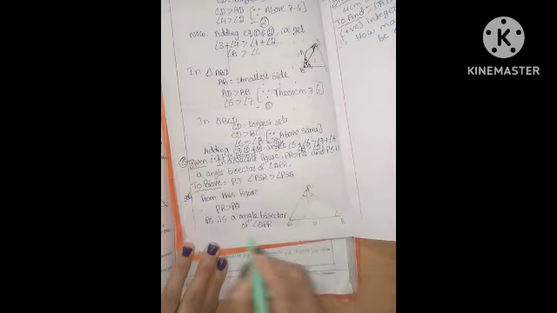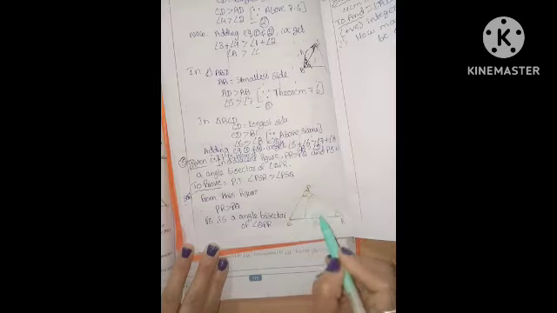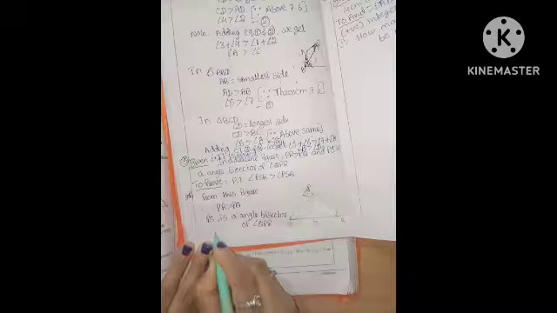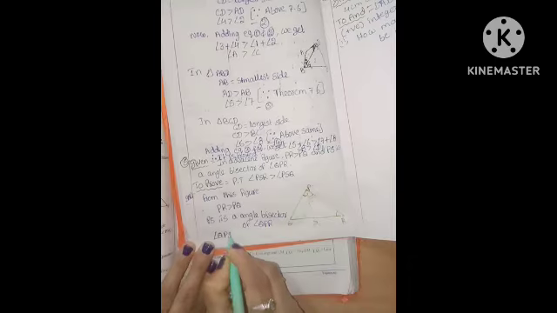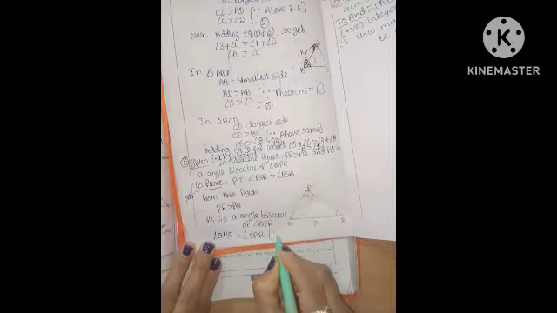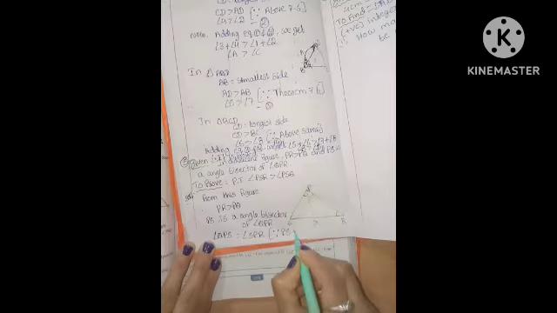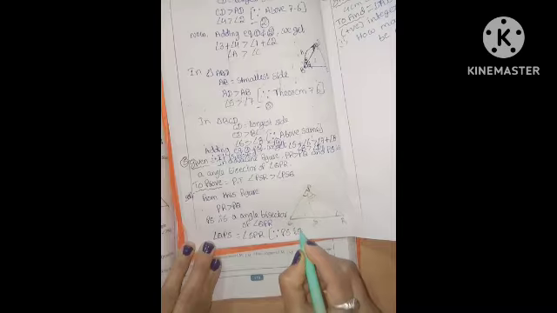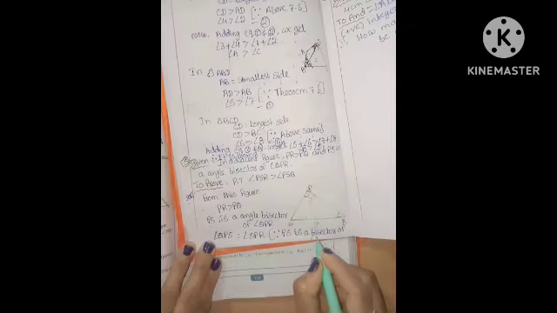PS is the bisector, so these two angles are equal. In this figure, how many triangles are divided? Two triangles are divided: triangle QPS and triangle SPR. Why are these equal? Angle QPS is equal to angle SPR since PS bisects, PS is a bisector of angle QPR.